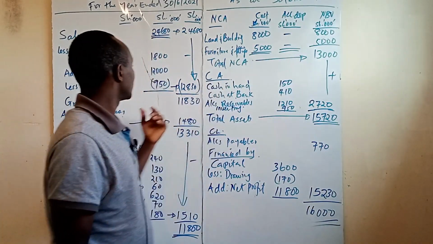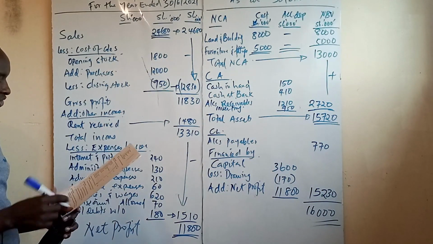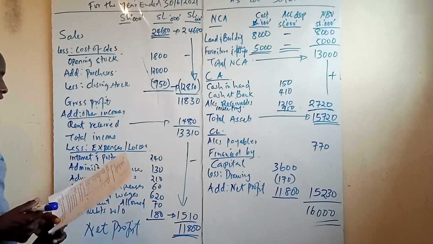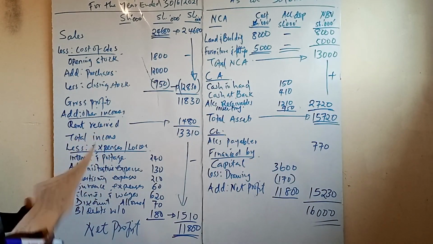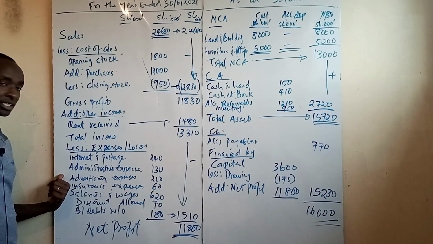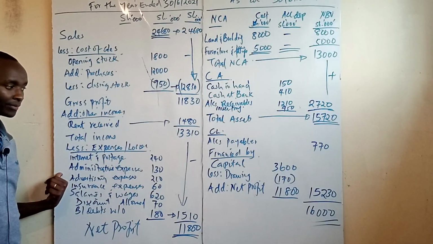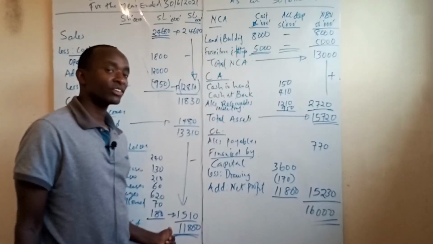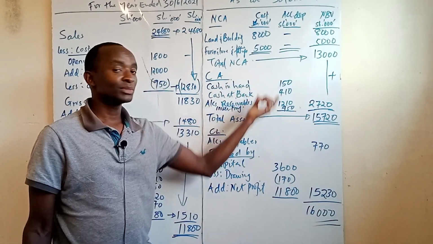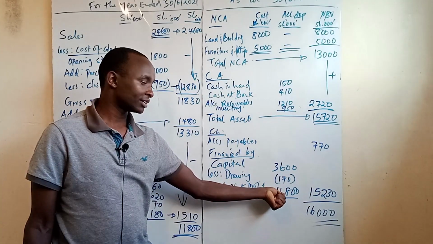So going back, what I omitted intentionally is the traveling expenses. We had the traveling expenses of 280. I did not include the traveling expenses of 280 as required by the question. And that's why we arrived at the wrong net profit, which affected even the statement of financial position, 1180.